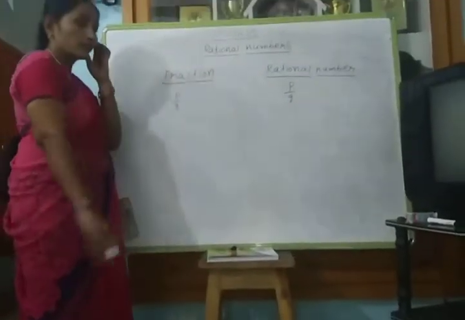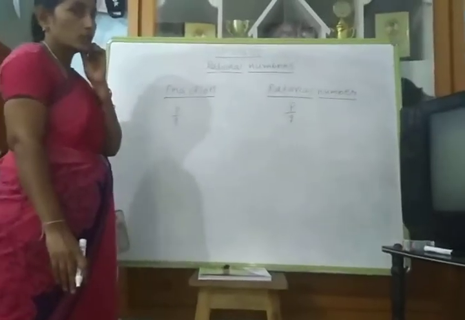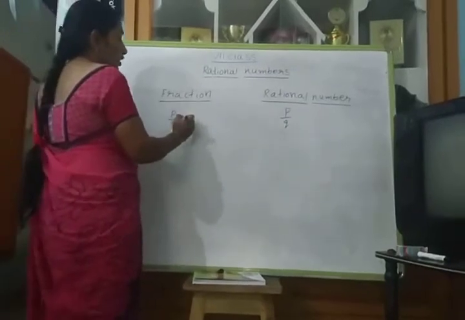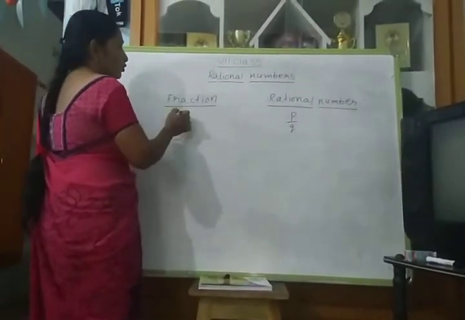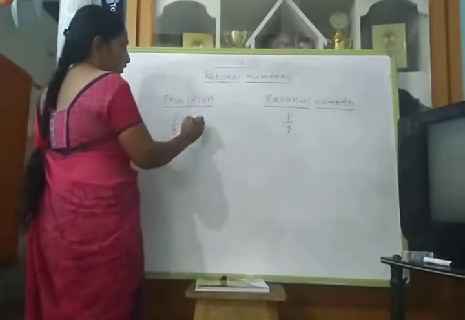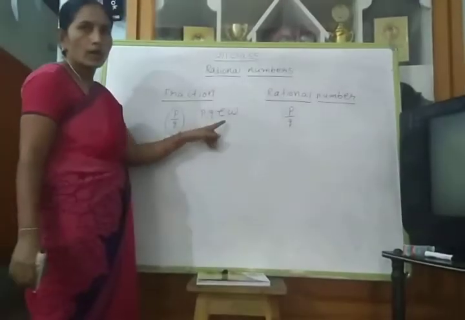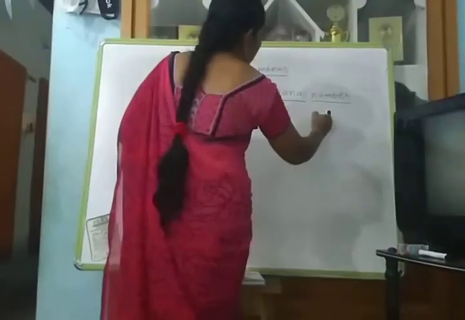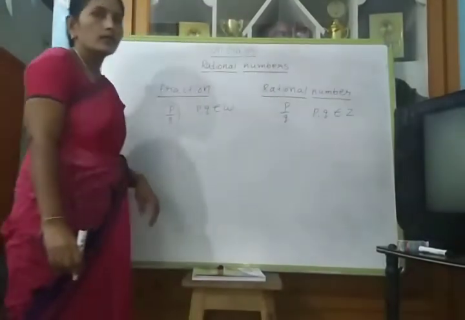In the first chapter we discussed fractions, where we did not discuss negatives. A fraction is in the form of P by Q, where P is the numerator, Q is the denominator, but P and Q are whole numbers. Here, for rational numbers, P and Q are integers.